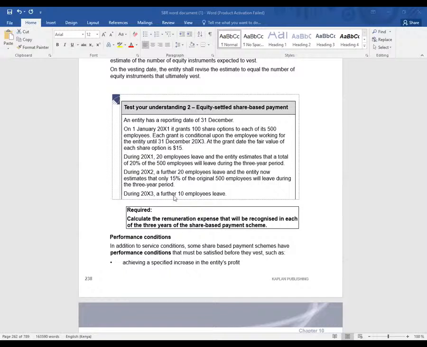So for the year 2023, given that this is our last year, I will look at how many did leave in 2021. The actual that left in 2021 was 20, so minus 20. In 2022, we also lost 20. And now we have 10 leaving, so minus 20, minus 10.